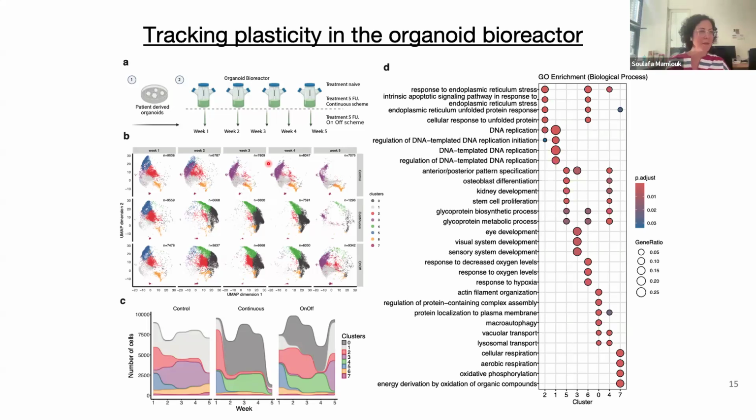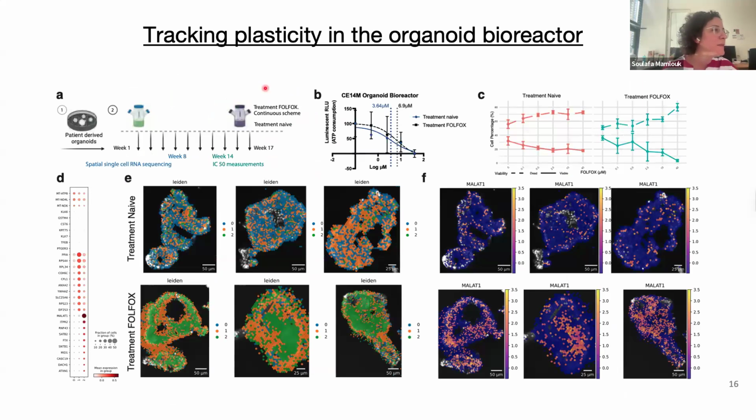And with another experiment, we do longer. So this is 17 weeks, and you can see that the IC50 changes so that they become more resistant. And here we're interested in single cell RNA spatial presentation. So we look at how these cells are not just different at the single cell level, but how their locations or the clusters change.